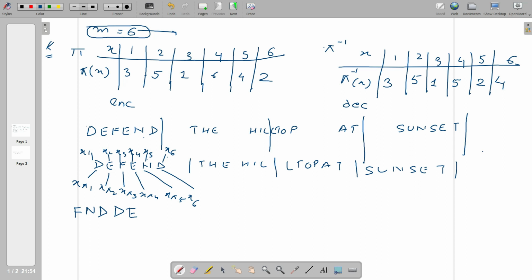Similarly, in place of x6 we write x pi 2, which is again e. So this is for the first one. That's why this is called a permutation cipher. Again this is a polyalphabetic cipher, because a single letter can be moved to another position every time, depending upon the position at which the letter is.